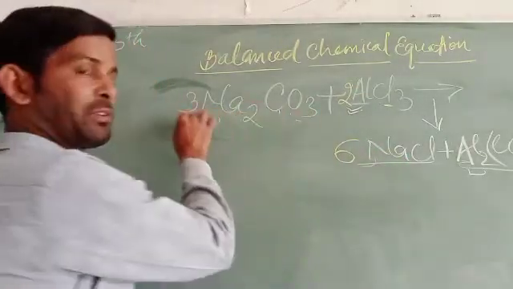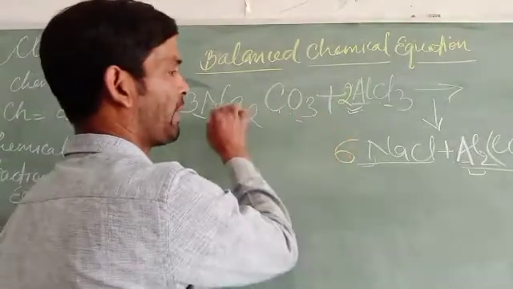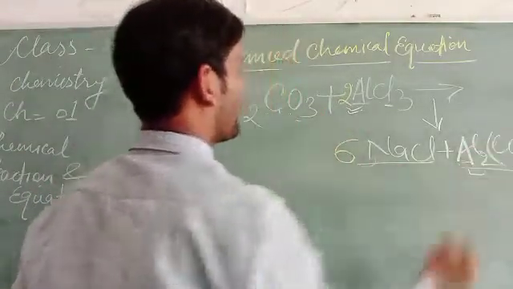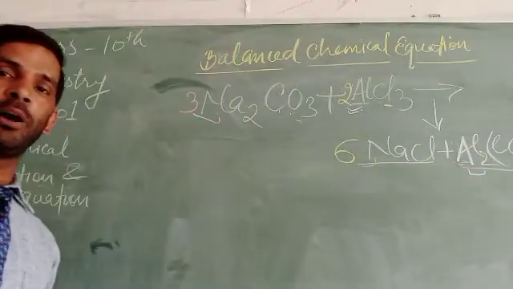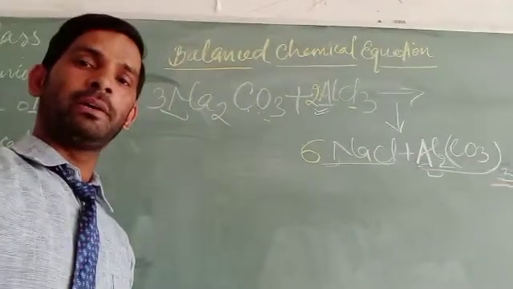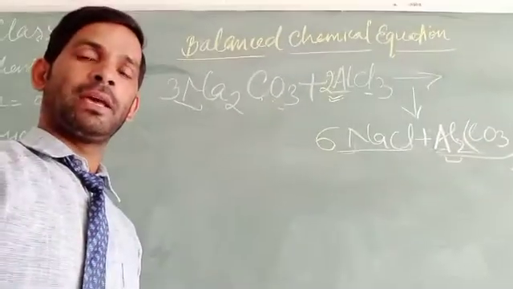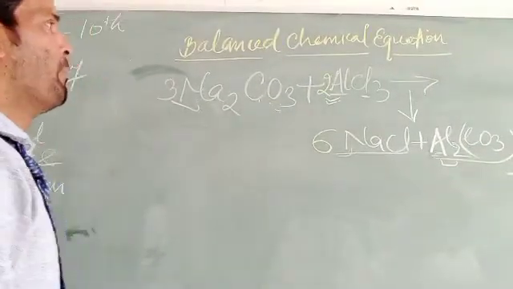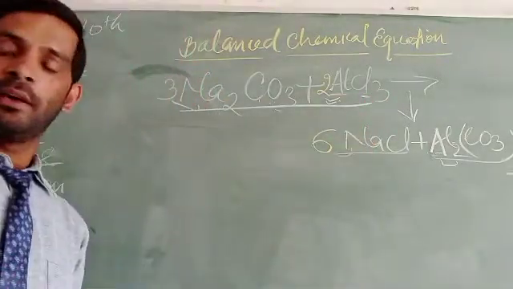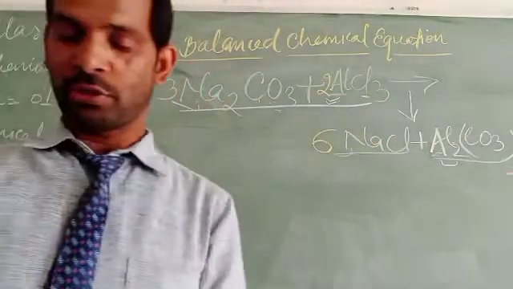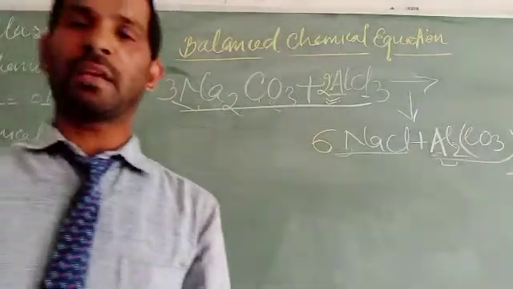Carbonate having 3 molecules, so 3 molecules of carbonate here, and 2 molecules of aluminum. Now it has got completely balanced, and this is called a balanced chemical equation. In the next example, we can see about the balances.